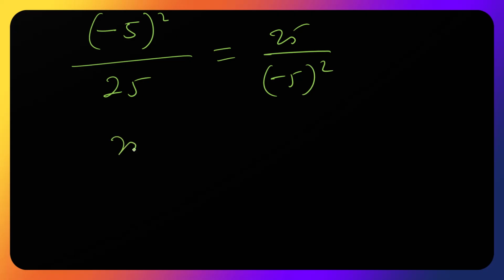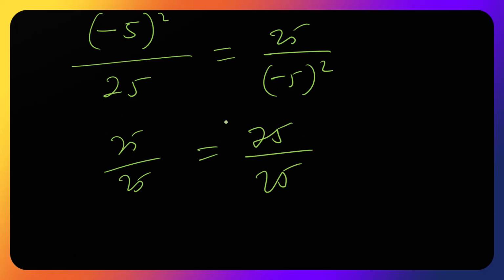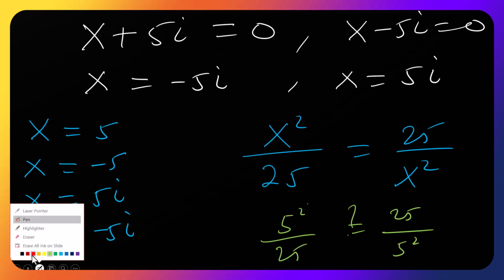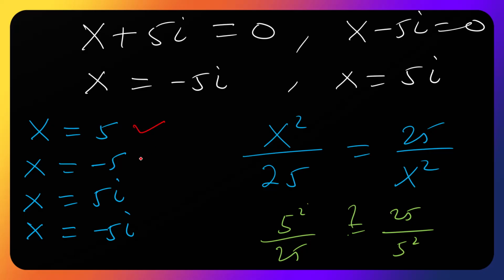So this side will be 25 on 25, and we have 25 on 25. So they are the same. So it means the two answers, we have this and that, they are correct. Now let's look at the complex part, if they are also correct.